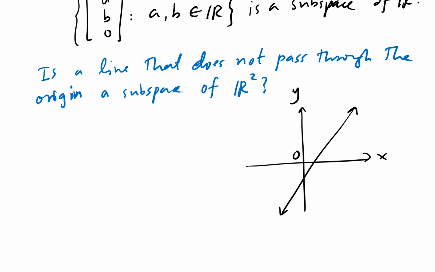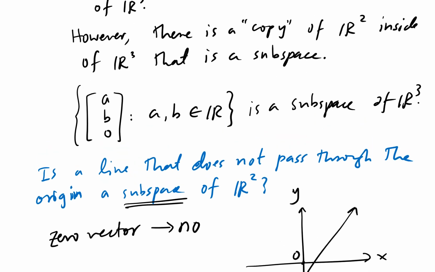Now we need to check the three properties, because it's a subspace. Is the zero vector in there? So how do you check? It's not on the line. What is the zero vector here? It's 0, 0. The answer is no. We can stop here, saying it's not a vector space.